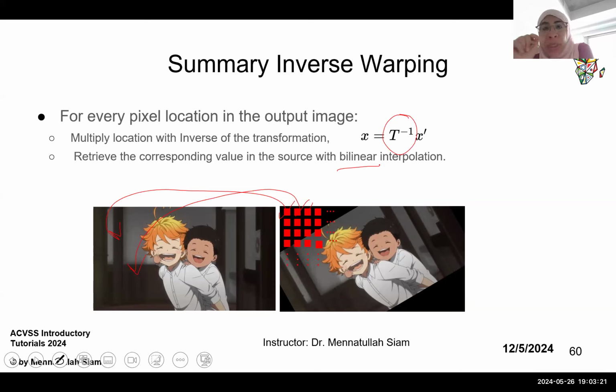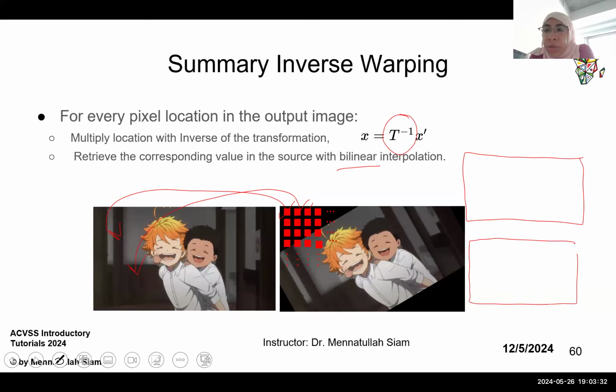Now I'm going to ask you something, because understanding this simple thing can help you avoid bugs. Rachel, you were saying you're interested in going for segmentation. So let me ask you: if I have an image and its corresponding segmentation ground truth, and I want to do an operation like scaling, rotation, and so on with some transformation T, what type of interpolation would you use for the image versus the ground truth?